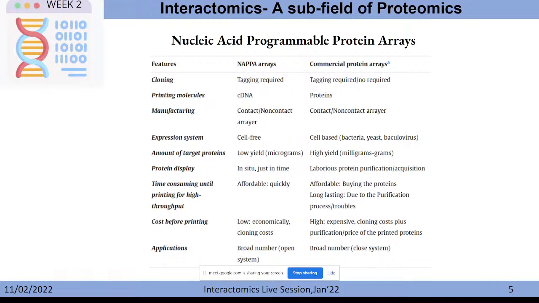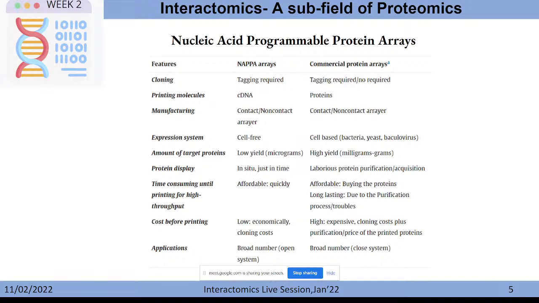You just need the cloning costs, whereas commercial protein arrays are very expensive, because they involve all those cloning costs. Additionally, you need to pay for purification and the price of the printed proteins. Okay, so this is one thing. And for applications, you can have a broad number, in an open system as well as a closed system.